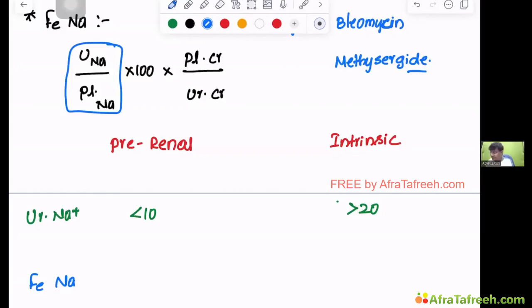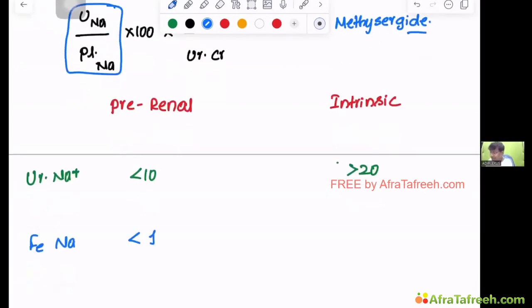That will be decreased. Very good, Jacob. And you know the value will be less than 1, because urinary sodium will be less and plasma sodium will be more in case of prerenal. So the ratio will be less than 1. Whereas in intrinsic renal, the perfusion to the kidney is adequate, and at the same time, the absorption of the sodium is not there at the level of your tubules.